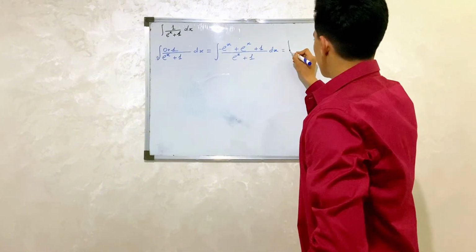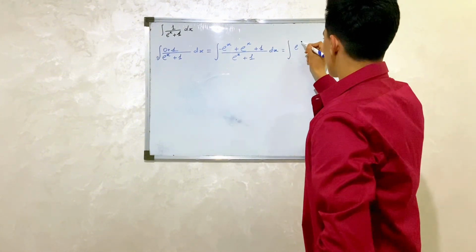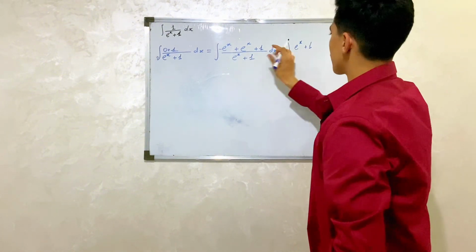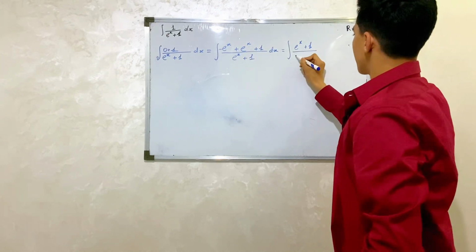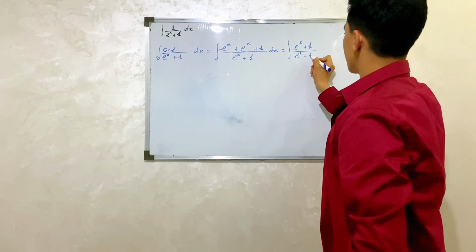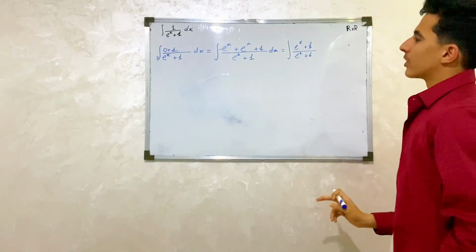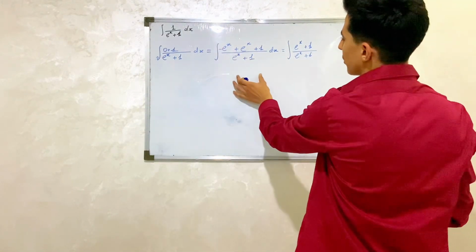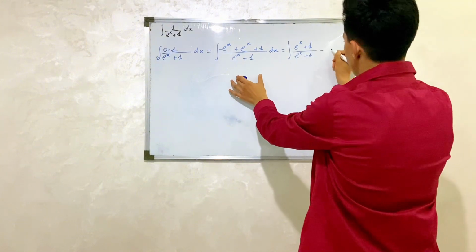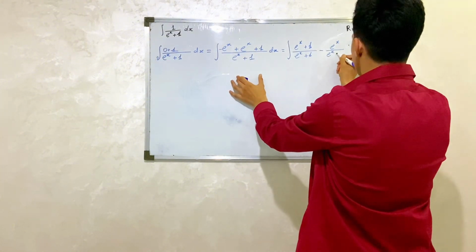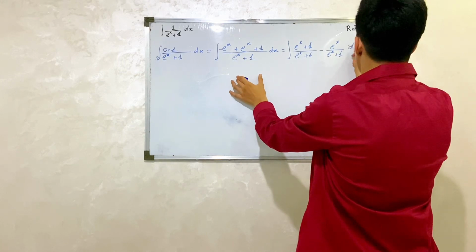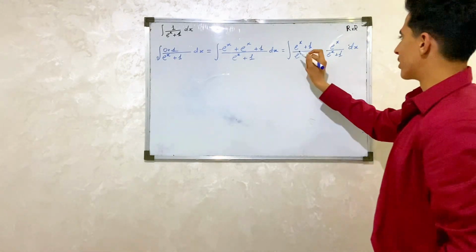So it's going to be the integral of e to the x plus 1 over e to the x plus 1, and then we are going to add the other part, which is e to the x over e to the x plus 1, with respect to x.